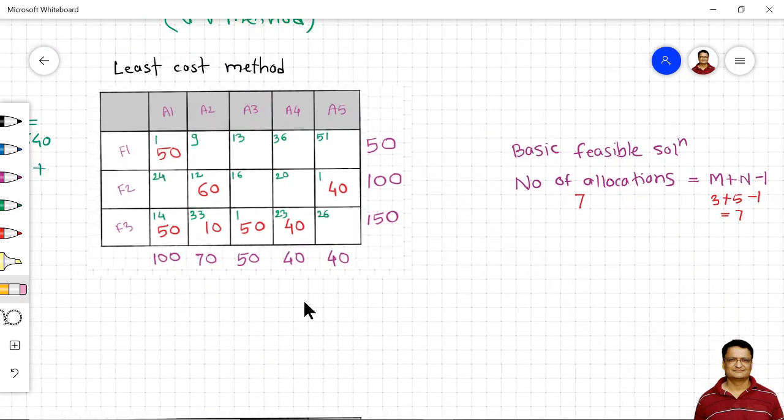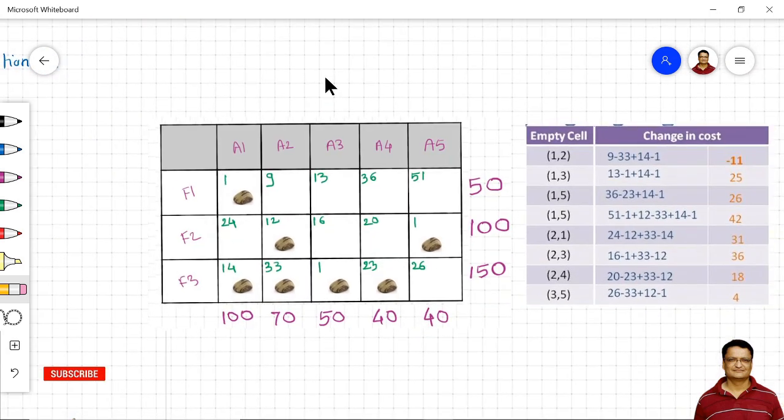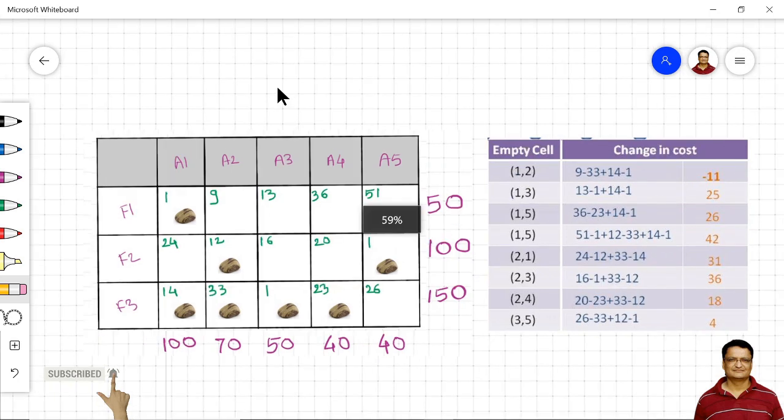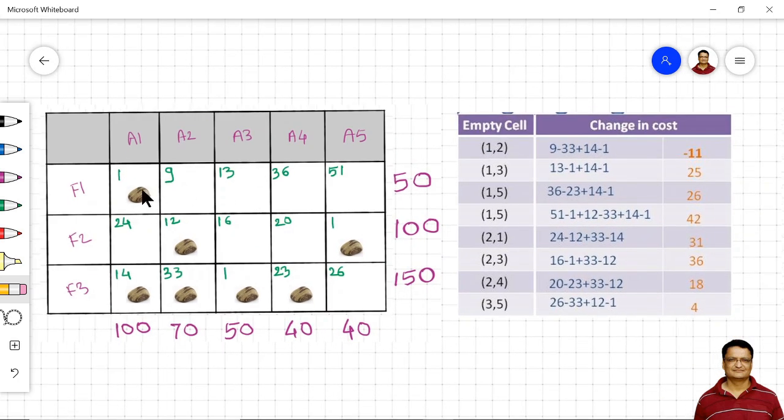To make things clearer, I have placed certain stones in the place of these allocations. This is for our understanding, that the stones represent the allocations. We are interested in finding out if I make one allocation in this empty cell, whether it will increase or decrease the total transportation cost.